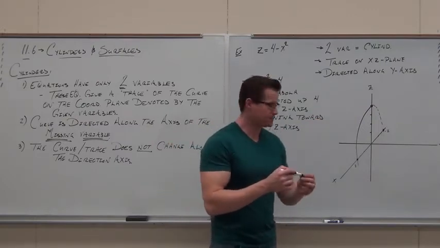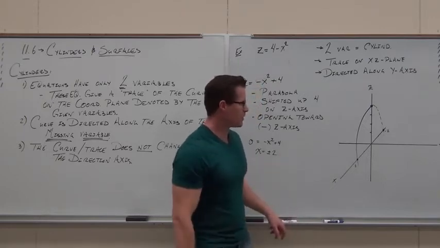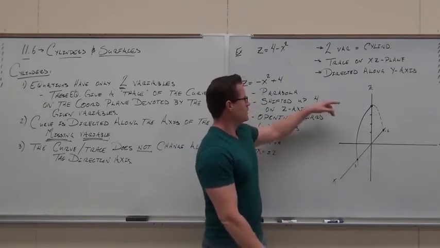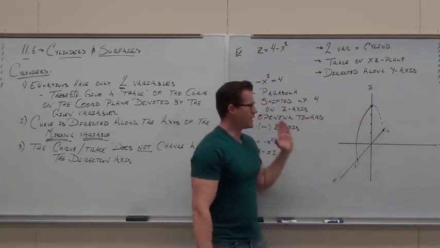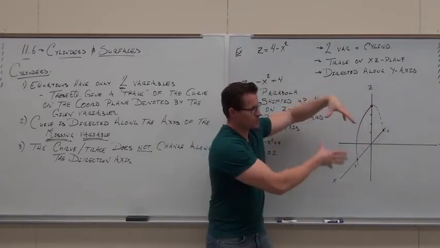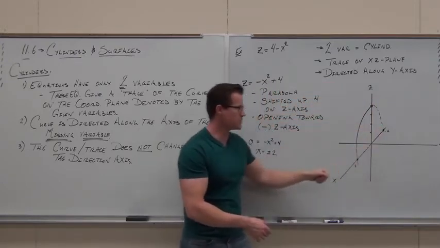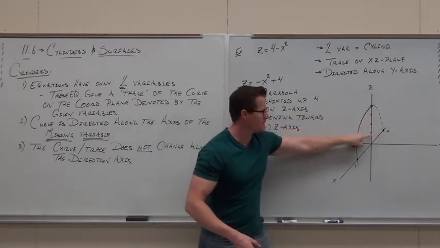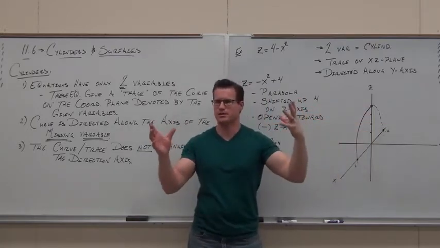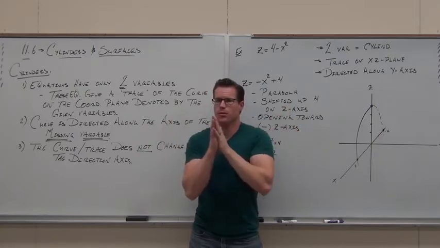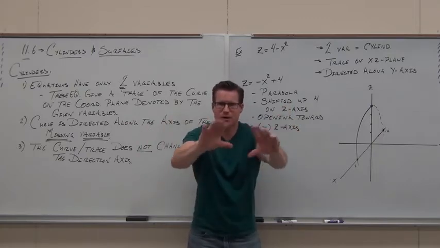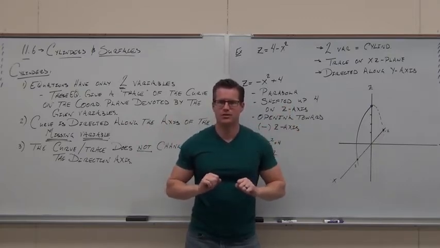Now, the next thing, I want to make sure you're all with me here. We've got a parabola. It's on the xz plane. It's shifted up 4 spots, open towards the negative z-axis. I know it crosses -2 and 2 because I set the z equal to 0, and I can solve for my x-intercepts. Now, what axis is it directed along? Y. Because I asked you.